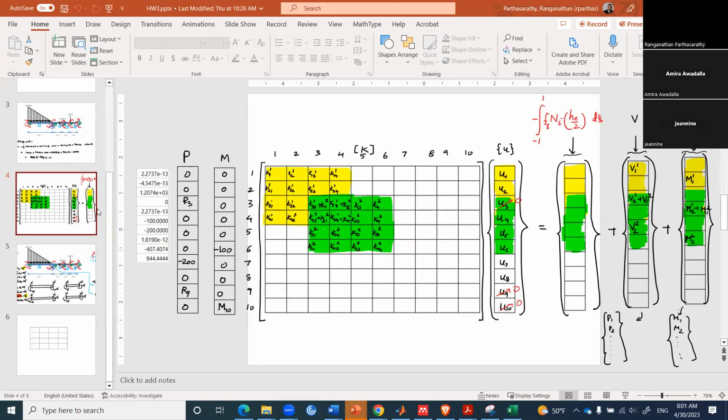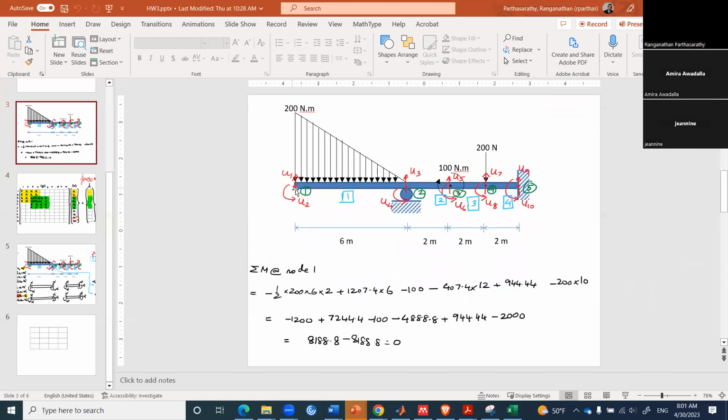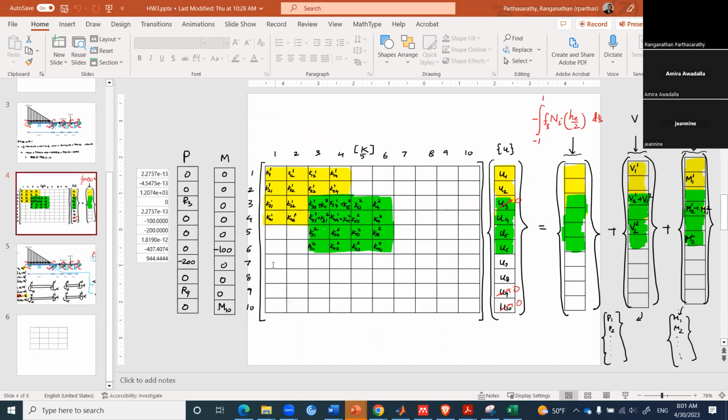That's negative 200. Then for moments, you have the moment at support at node 5, then you have the concentrated moment at node 7. So at 8 you have a negative moment of 100, and then you have the reaction at the fixed support. So that is P, that is M.